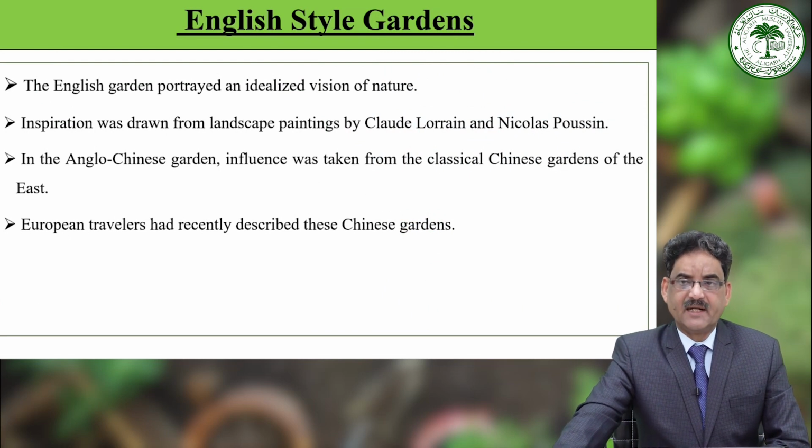The English garden depicted an idealized version of nature, taking inspiration from landscape paintings by Claude Lorrain and Nicolas Poussin. Additionally, in the Anglo-Chinese garden, it drew influence from the classical Chinese garden of the East, which European travelers had recently described.